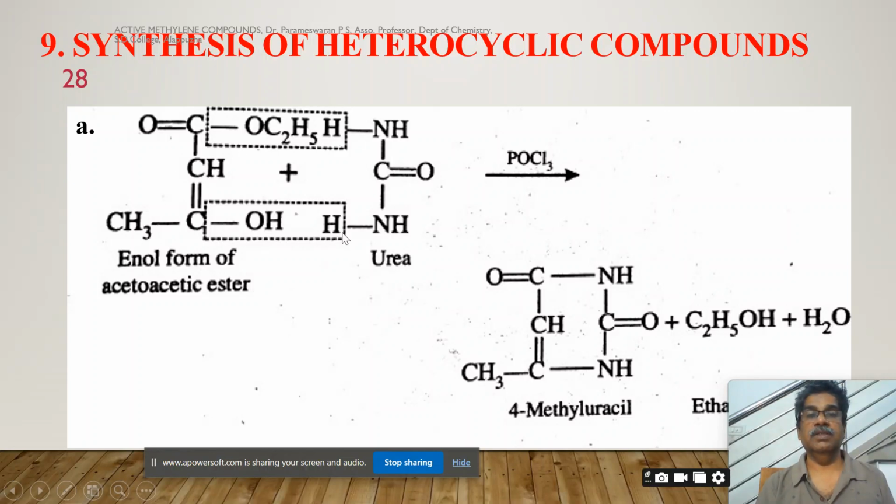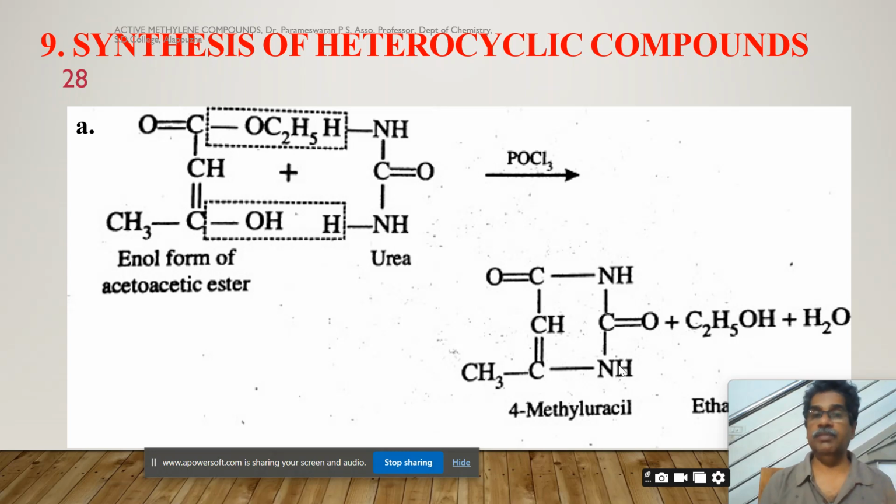It undergoes a condensation reaction followed by POCl3. Treated with POCl3, this is converted to a compound like this, a six-membered ring. This is 4-methyl uracil. So you can synthesize 4-methyl uracil from acetoacetic ester, but you have to start from the enol form.